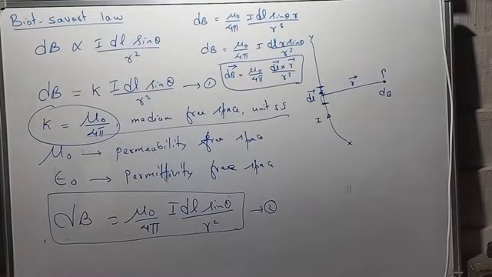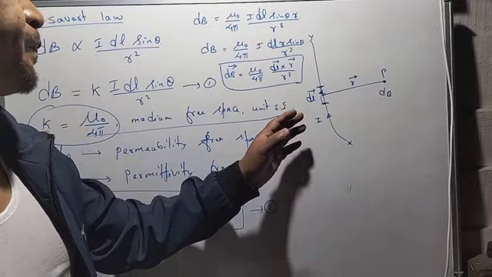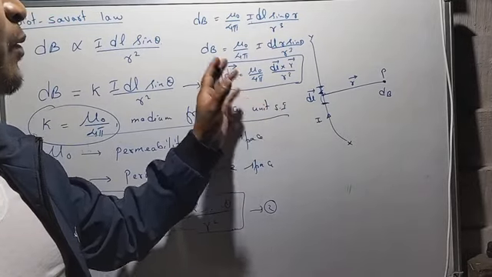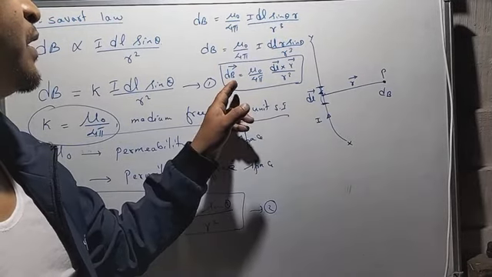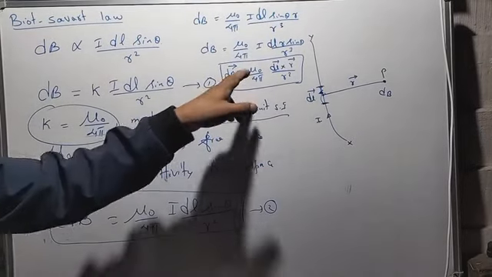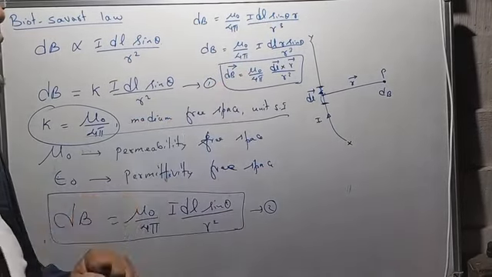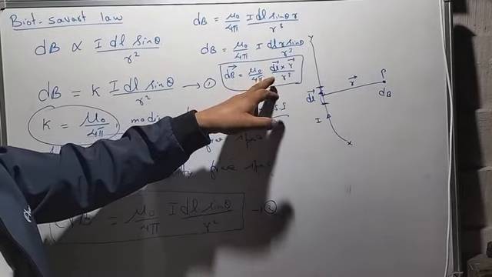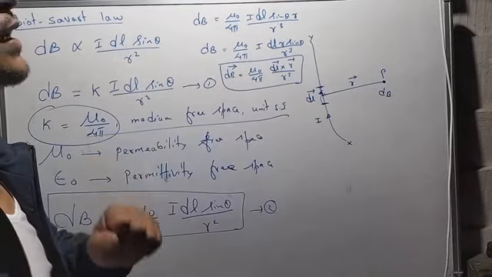Now let us find the direction of this magnetic field dB. The direction of dB should be perpendicular to the plane containing dl and r.